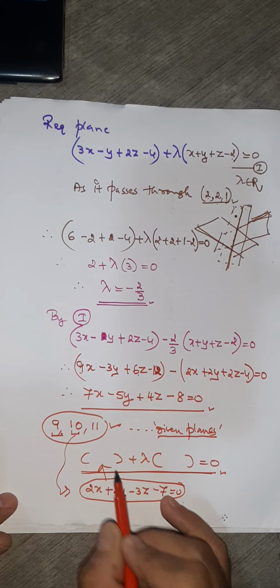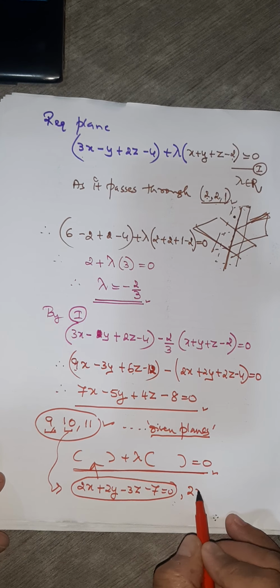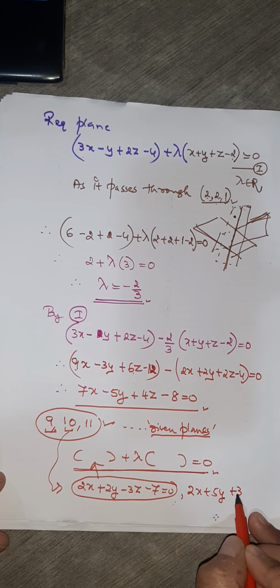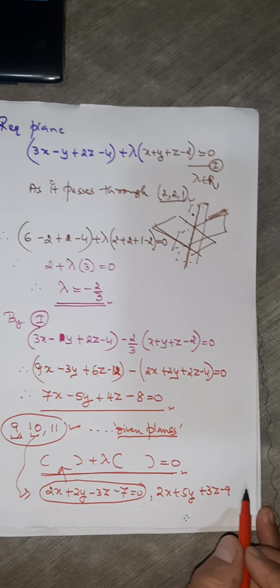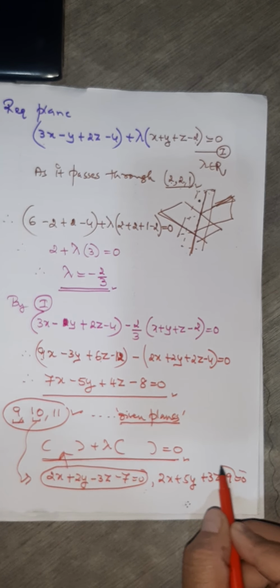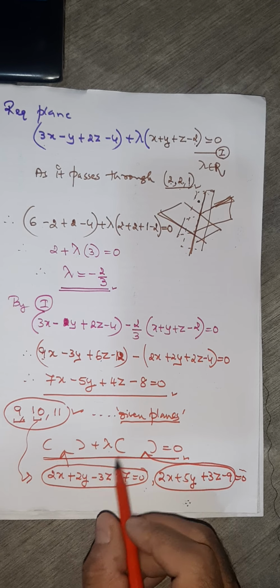So put it here. What about the other one? That is nothing but 2x plus 5y plus 3z minus 9 equals to 0.